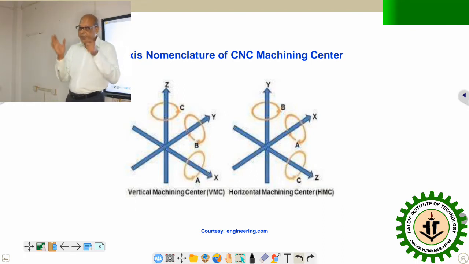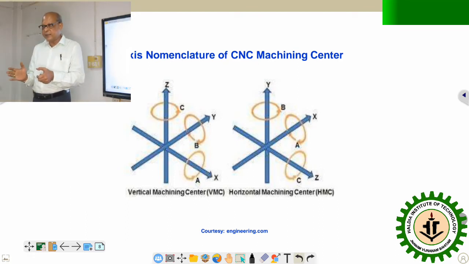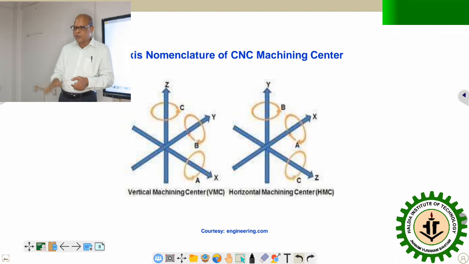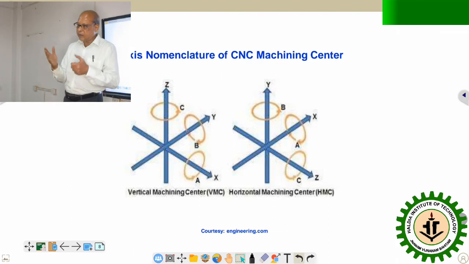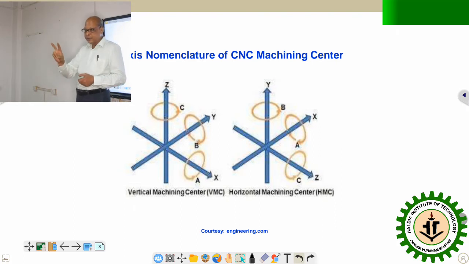But the thing is that those machining centers are similar to milling machine, so x, y and z axis are present. Additionally, if you have 5 axis machining center, then in addition to these 3 longitudinal or linear motions, 2 circular motions are also possible. That offers you a range of flexibility to undertake machining of complex jobs like gearbox in one setup. What are the other 2 motions? Those 2 are rotary.